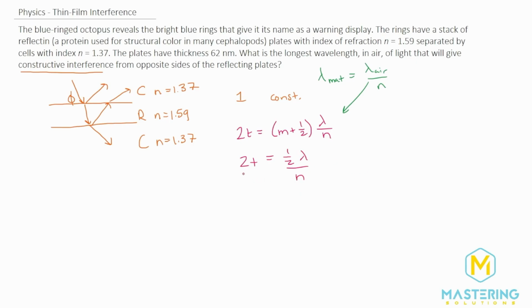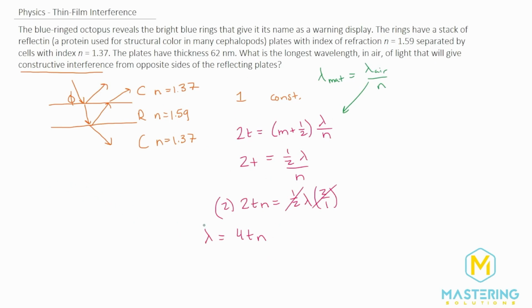Now we can multiply both sides by n. So we'll have 2tn = 1/2 λ. And now we can multiply by the reciprocal, which is going to be 2 over 1, of course. So that will cancel that. And while we're multiplying this by 2, lambda is equal to 4 times the thickness times the index of refraction. And because we're accounting for this here, this lambda is the lambda in air, which they're asking for in the question.